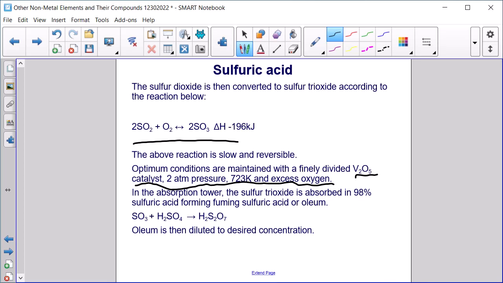In the absorption tower, the sulfur trioxide is absorbed in 98% sulfuric acid, forming fuming sulfuric acid, or oleum. Oleum is then diluted to a desired concentration.